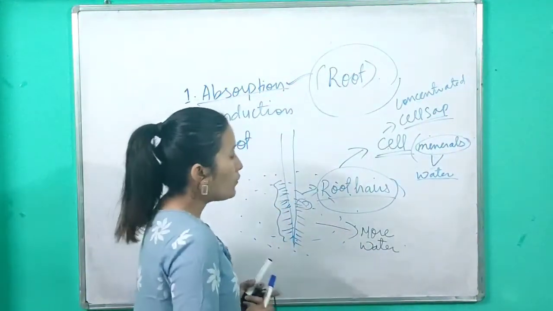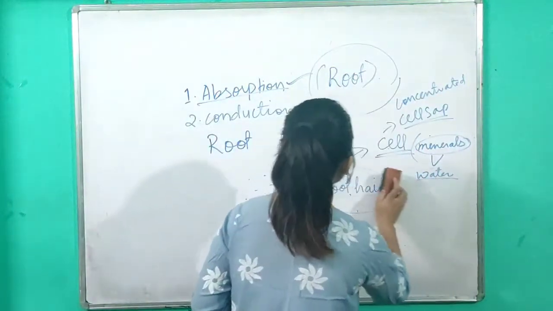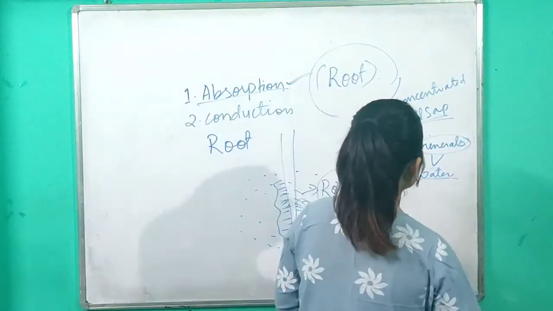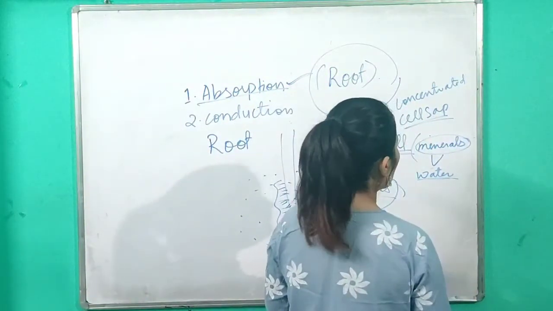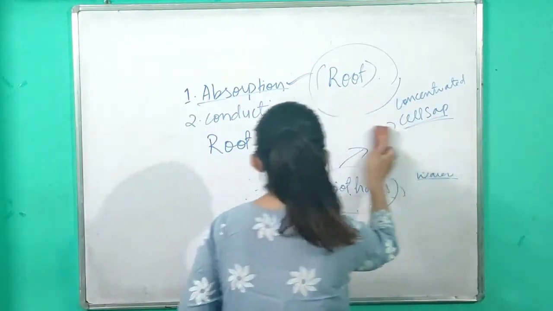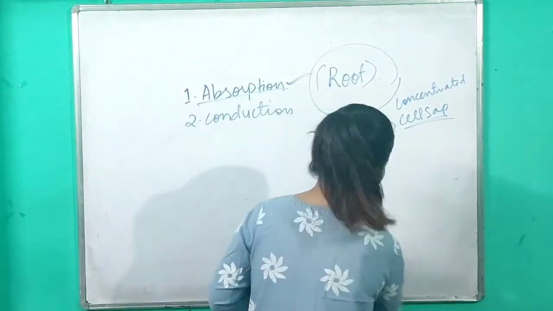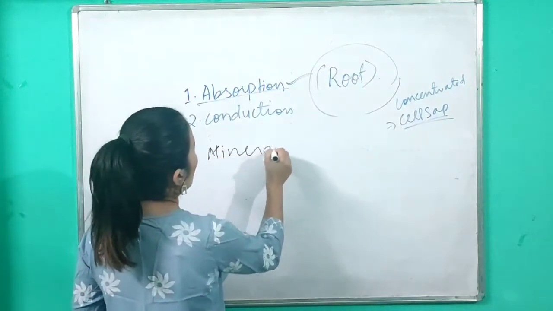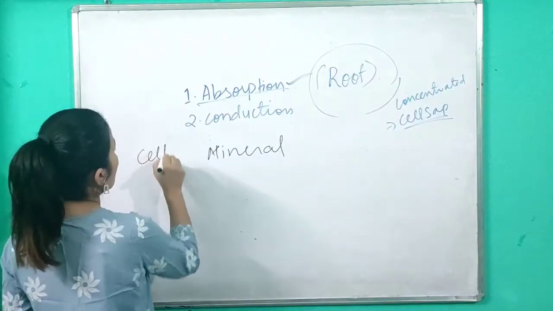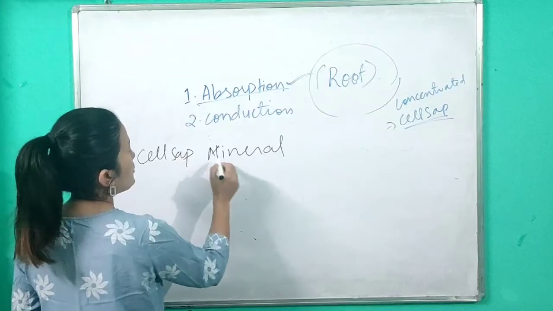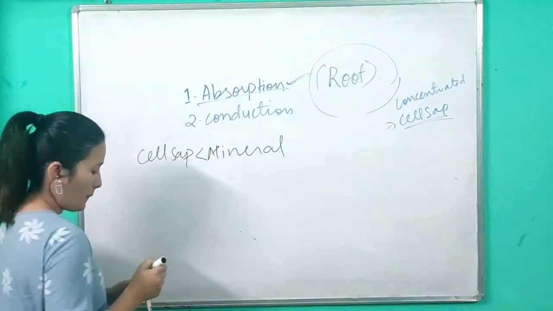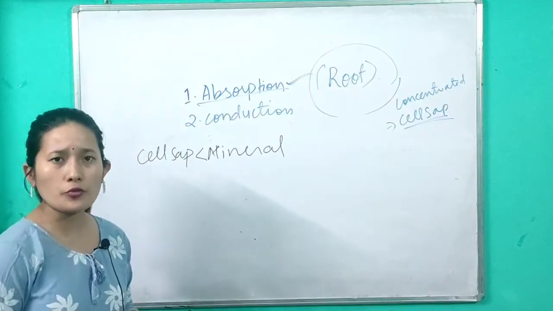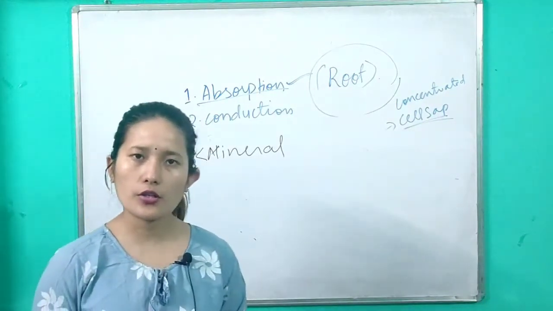Now as we know, the mineral content inside the root hair cell, in the cell sap, is more, right? If it is more, do you think the solute will move from a higher concentration towards a lower concentration?